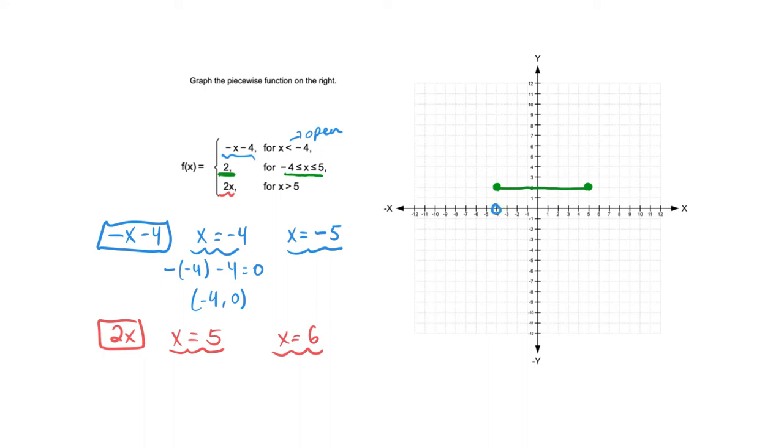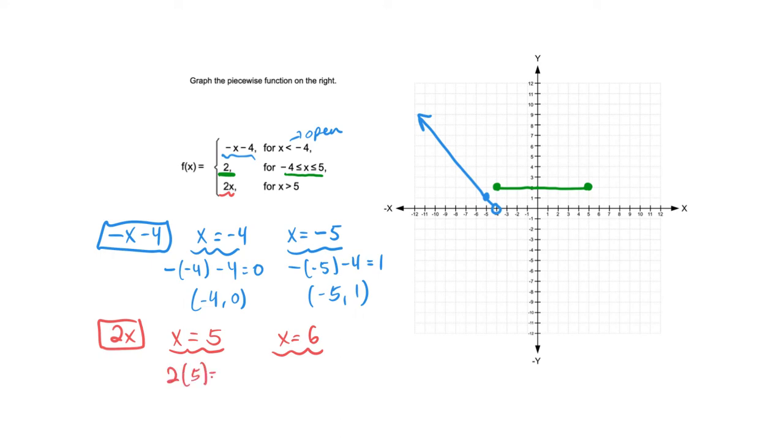And then -5. All right, so substitute -5 in. So opposite of -5 minus 4. So you get +5 minus 4, which is 1. So (-5, 1). And then you make that line going on forever. Last one, 2x.